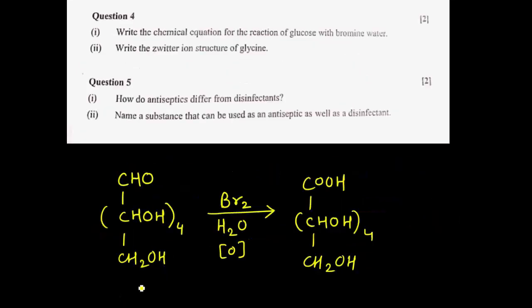Next. Write the chemical equation for the reaction of glucose with bromine water. So I've already done this. It will oxidize it partially because Br2 H2O is a mild oxidizing agent. Write the zwitterion structure of glycine. So we know that the structure of glycine is NH2 CH2 COOH.